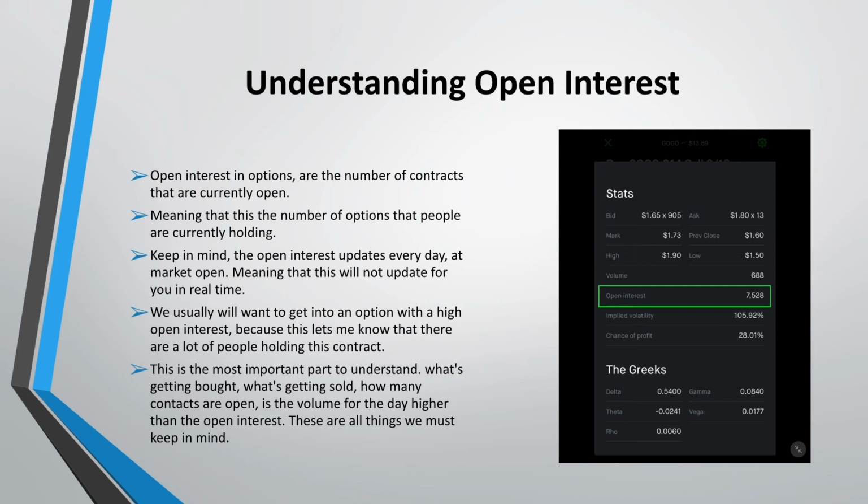As far as we go, we're able to see the open interest at market open. It does not update throughout the day, so the volume will not add to the open interest throughout the day. However, the volume for the day is what will add or subtract from the open interest.